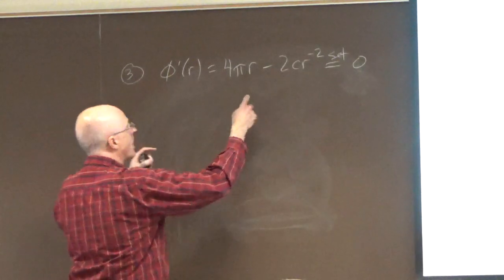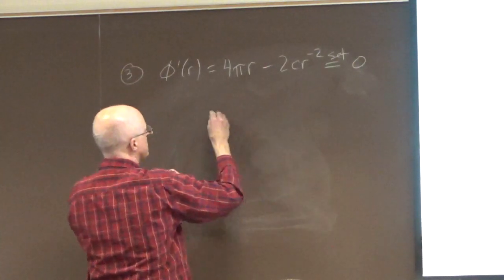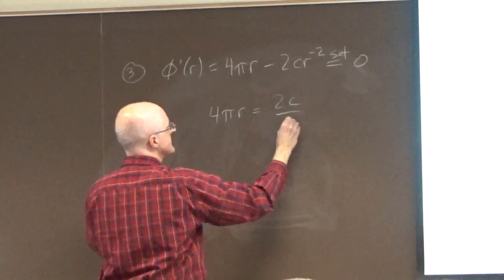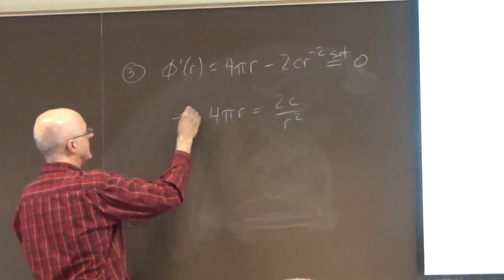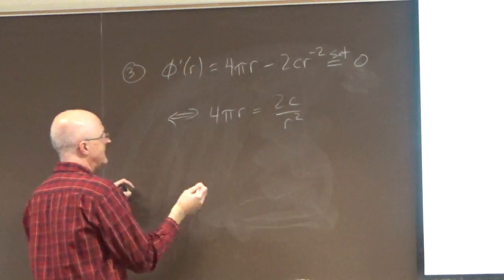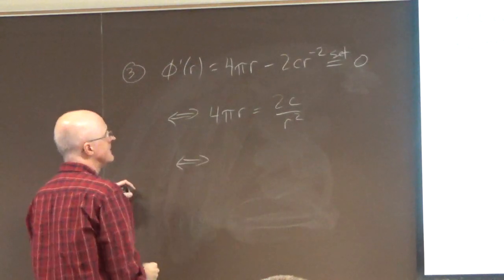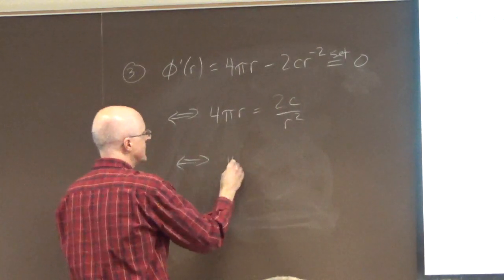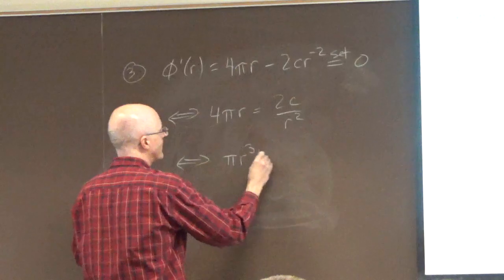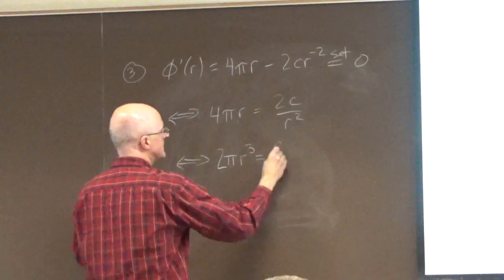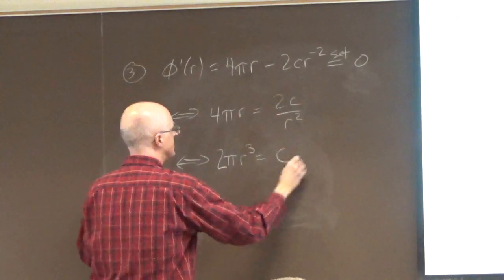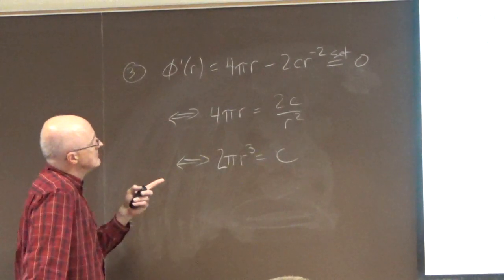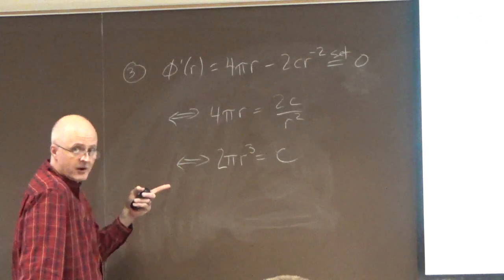You can also add 2c r to the negative 2 to both sides and rewrite this equation, say like this. Divide everything by 2. Yeah, multiply both sides by r squared. I divided everything by 2, and I also multiplied both sides by r squared.